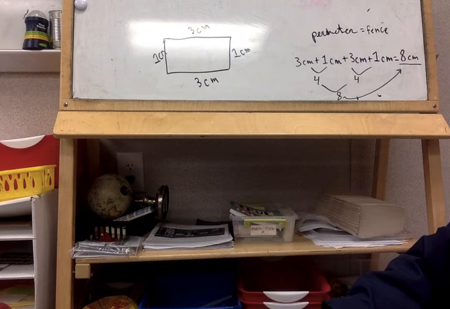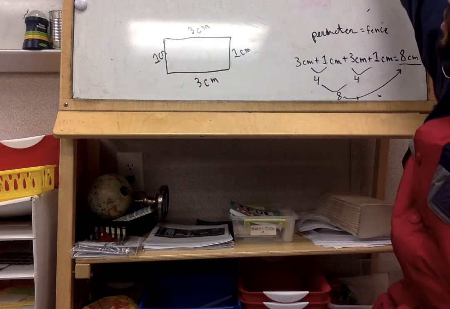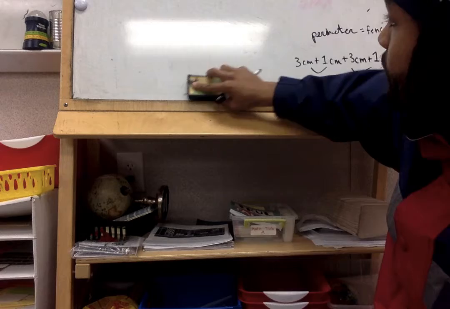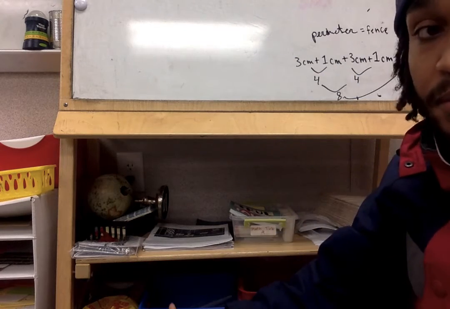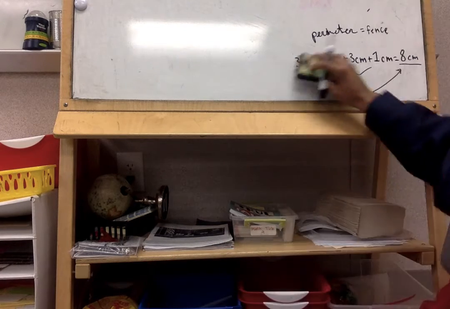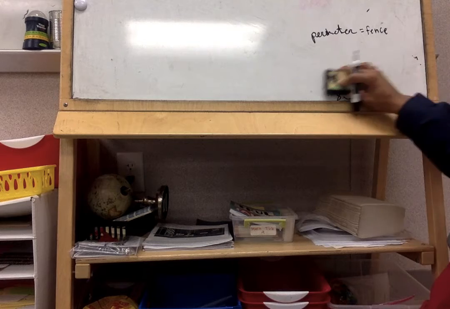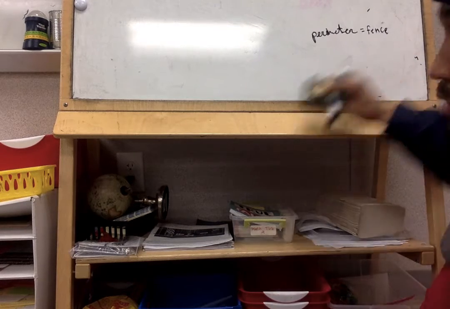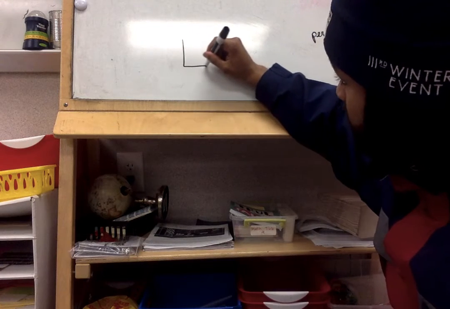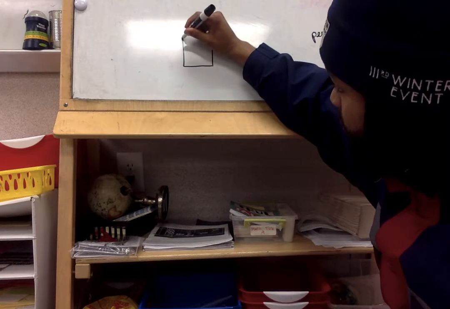Alright. Now, let's give you another example of a different type of polygon. If I had a polygon that looked like this, and imagine this is a square. Students already know that all the sides are congruent.